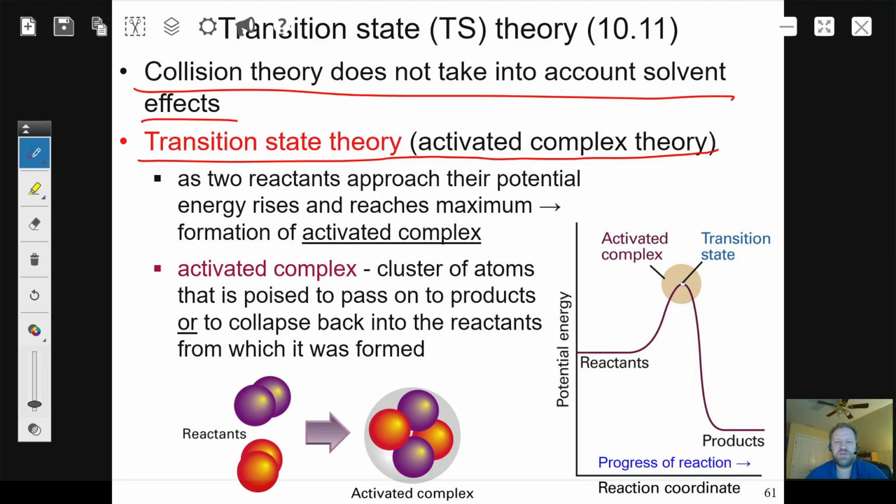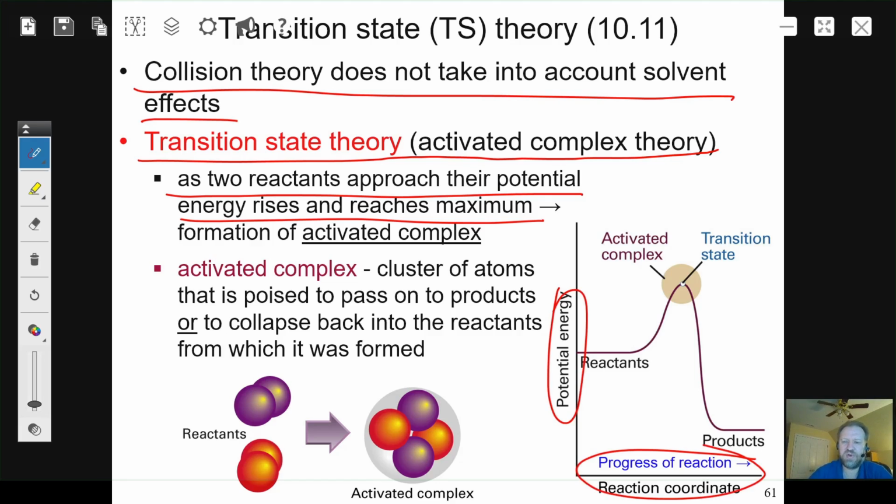So the idea is similar. We're trying to trace the molecular events as a function of progress of reaction in terms of potential energy. As two reactants approach, their potential energy rises and reaches maximum, in a very similar manner to what we just saw for collision theory. So again, we are looking at how the potential energy changes as a function of progress of the reaction, and the progress of the reaction is monitored through a reaction coordinate.